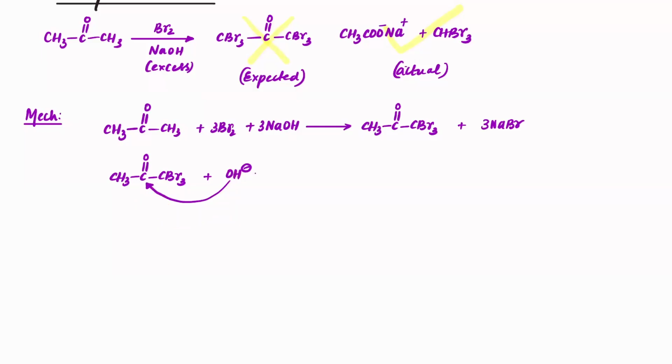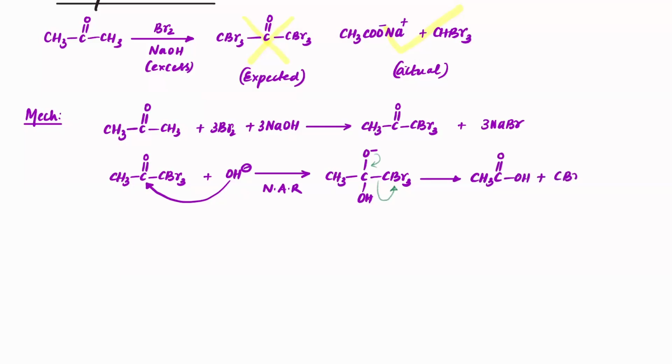So now you will notice that NAR, nucleophilic addition reaction, will take place and you will see that CH3, CO minus, OH and CBr3 will be formed. The reason for this is that CBr3 is a very good leaving group. As it leaves, we get CH3, C double bond O, OH plus CBr3 minus.